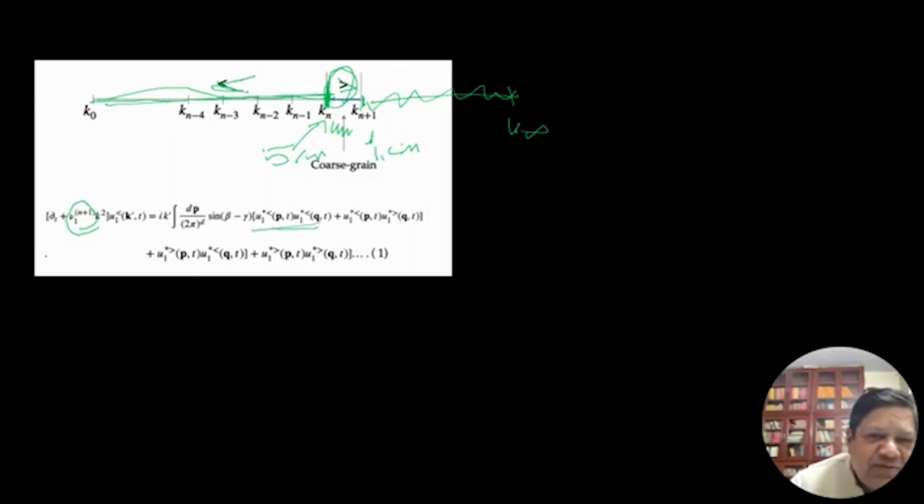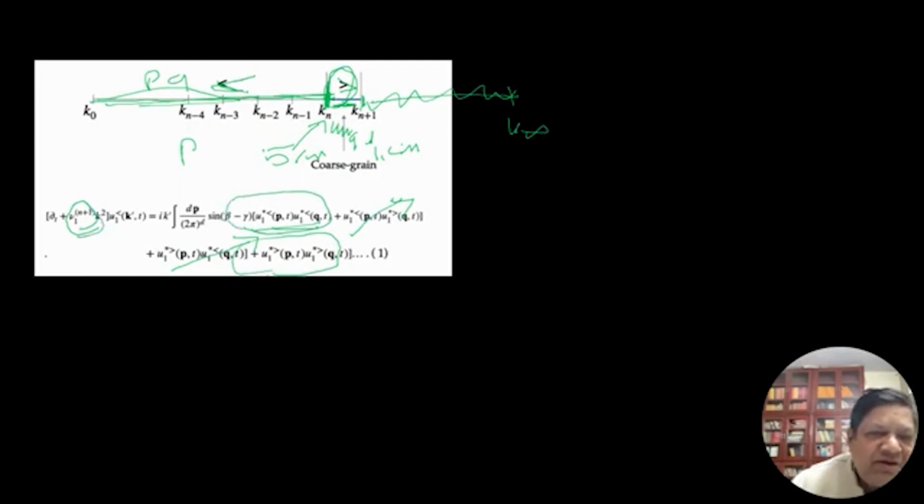P and Q lie here, or P lies here and Q lies there, or both P, Q lie here. Now due to lack of time, I will not prove it, but I can show that these two are zeros. Less greater and greater less are 0, and we are left only with greater greater and less less.